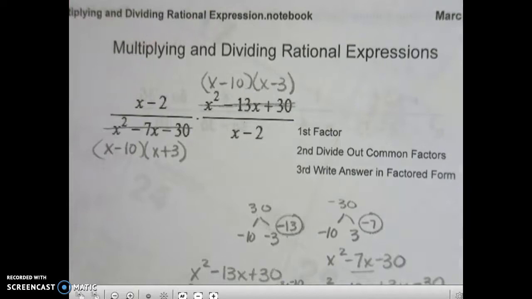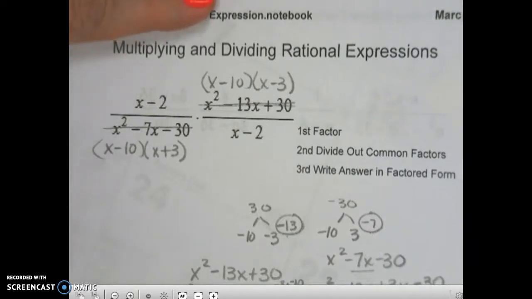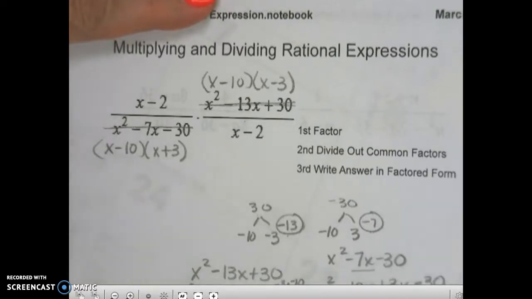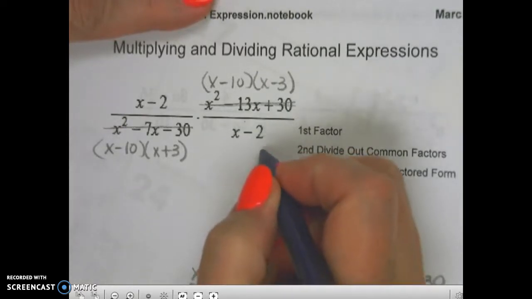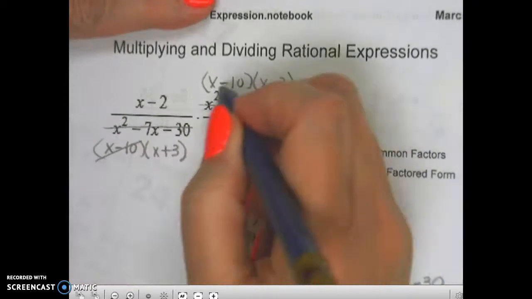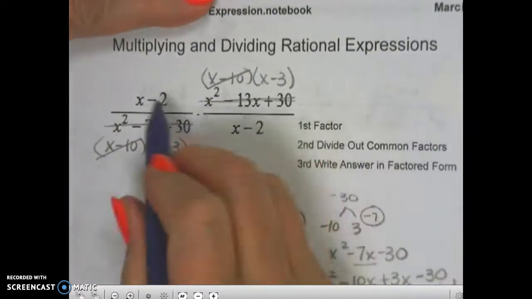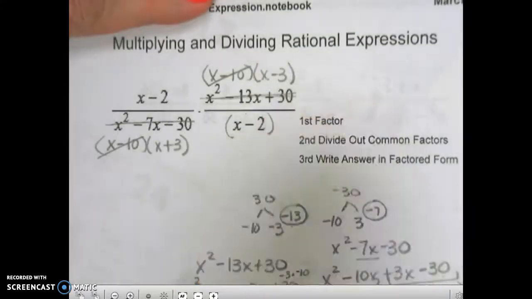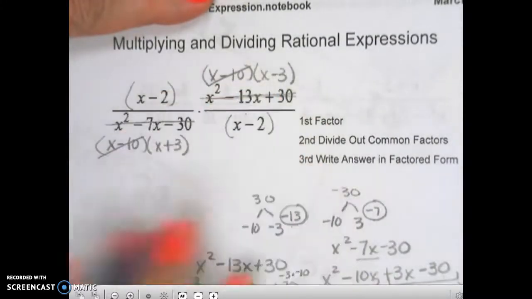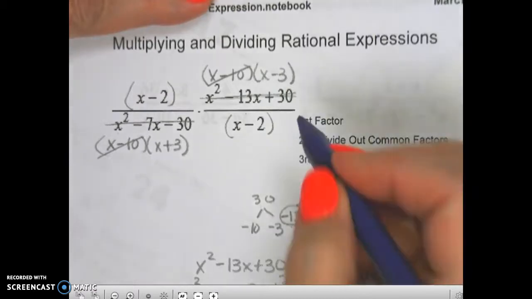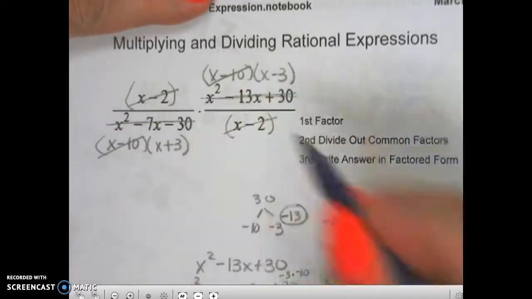Now I need to find common factors that I can cancel out. I can divide out of both of them because they are the same. Well, I see x minus 10 in both of them. That can go. Well, now these aren't in parentheses, but I can put them in parentheses. And remember, when we cancel, we need to cancel an entire parenthesis. So I'm going to cancel out that.